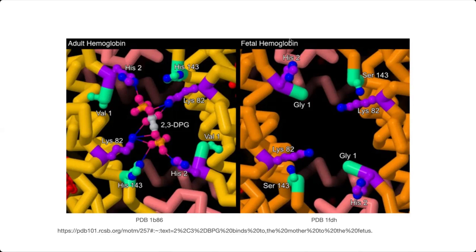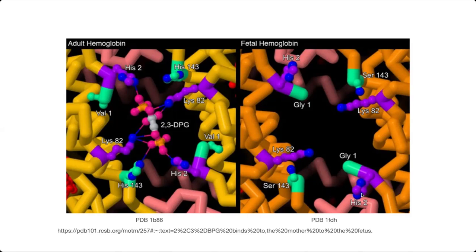If we look at fetal hemoglobin, because they have the gamma chains, they have that lysine, but instead of a histidine here, they have a serine. Serine just has that OH group, so you don't have a group that can form that favorable interaction.